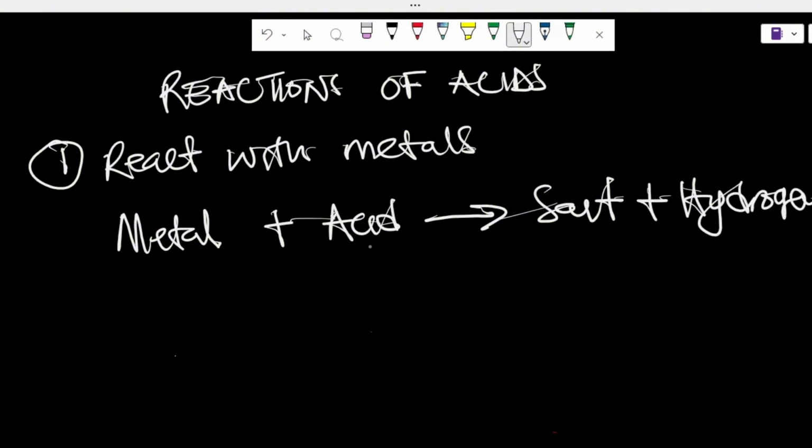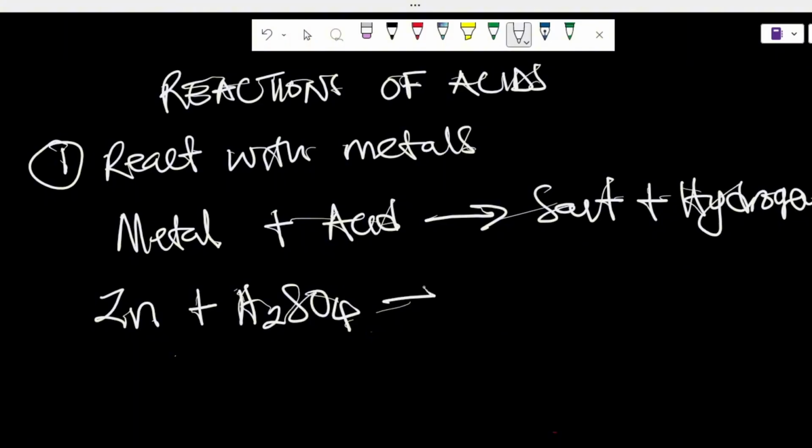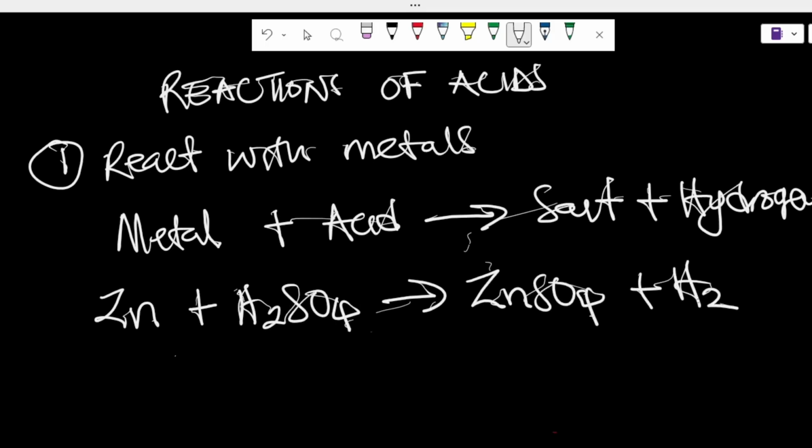An example of this will be a metal, let's say zinc, and zinc reacts with sulfuric acid. And when it does so, you're going to get a salt, which is zinc sulfate, plus hydrogen gas.